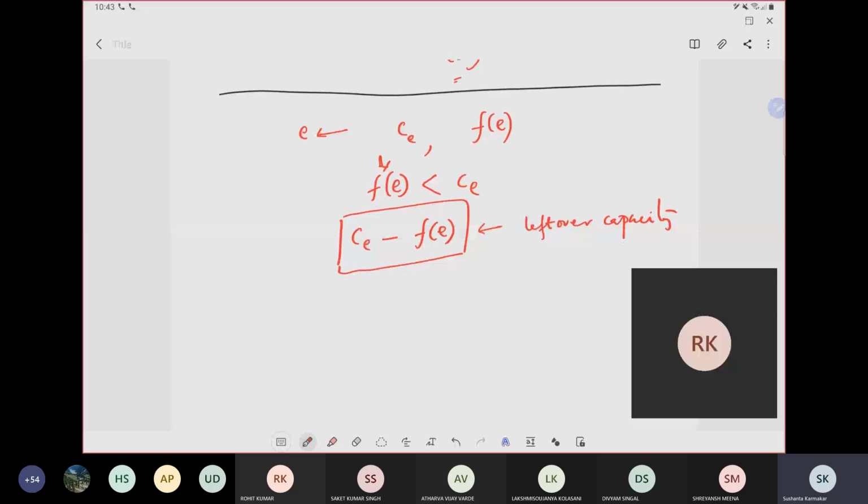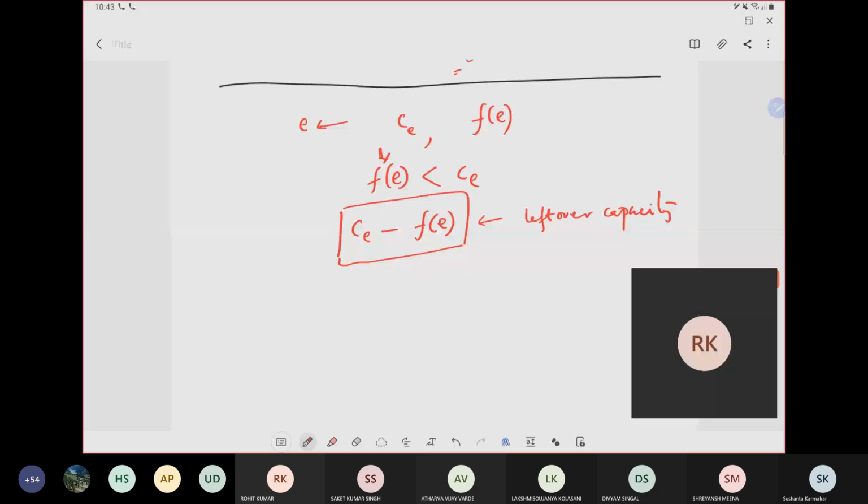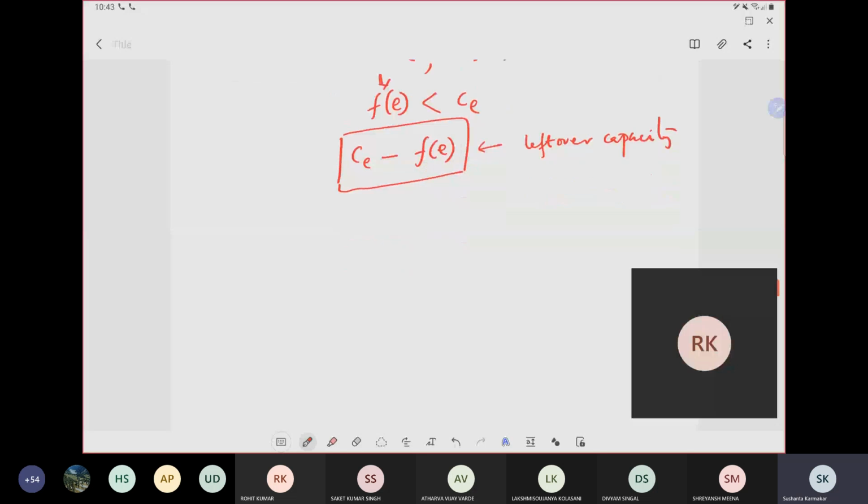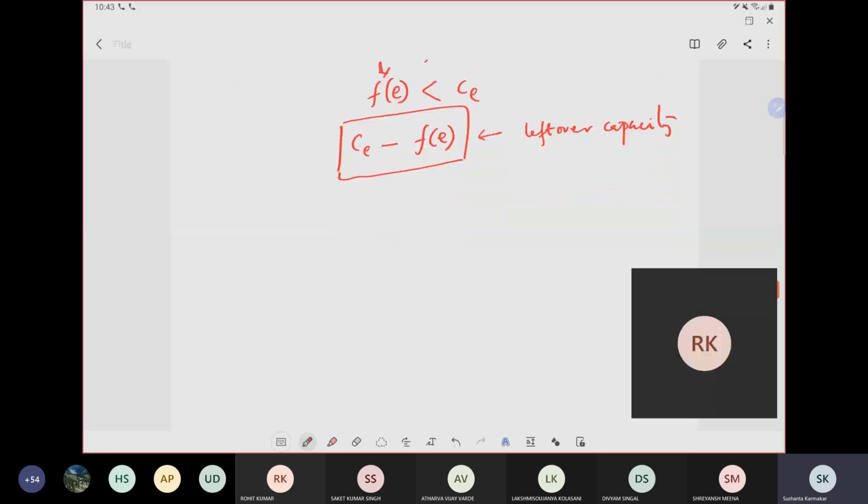So those edges which have leftover capacity, we can push forward on those edges if it does not violate other conditions. Of course, it may lead to violation of other conditions, but if somehow it does not, I can still do that. That is called push forward. Similarly, look at this edge SA.